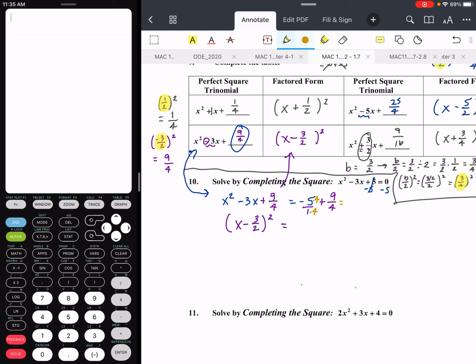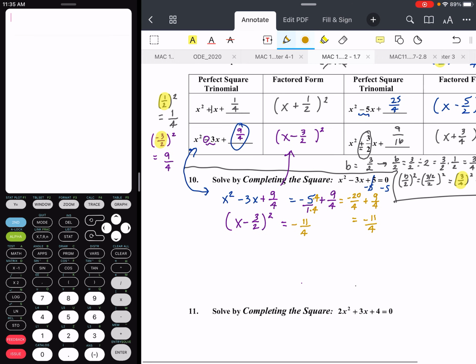So instead of −5, I can rewrite that as −20 over 4, plus 9/4. So that adds to −11 over 4. All right, so (x − 3/2)² equals −11/4.